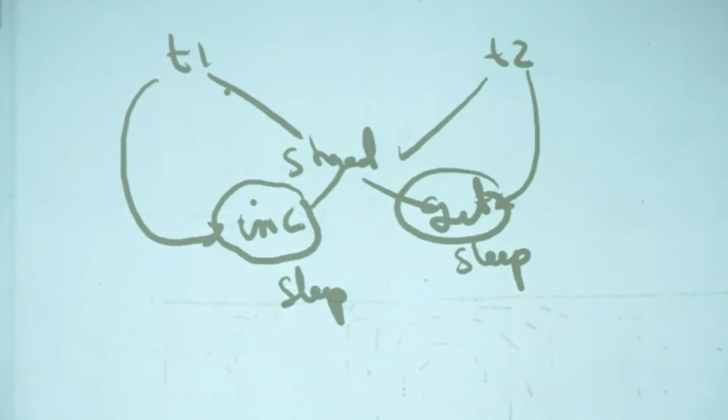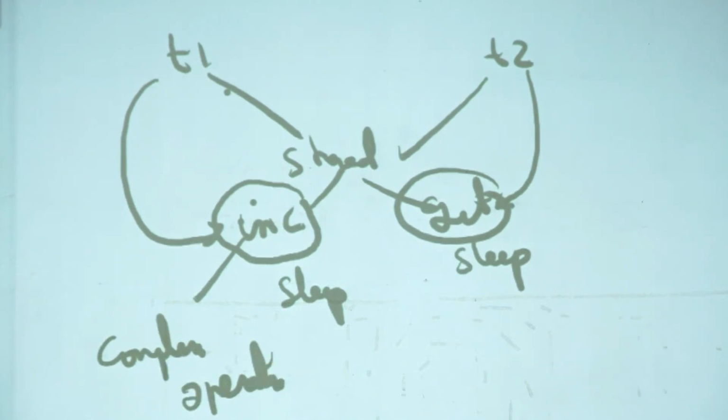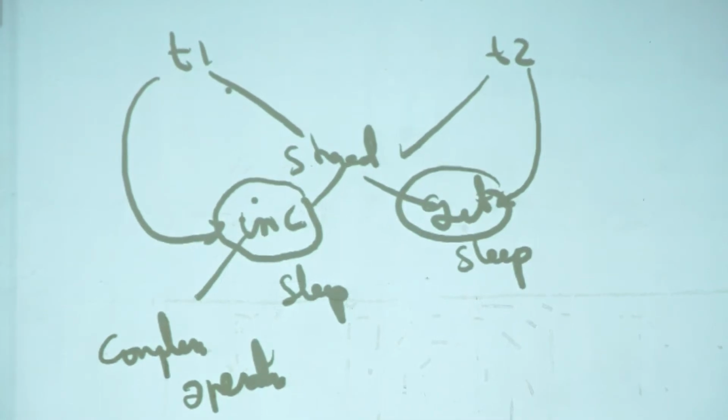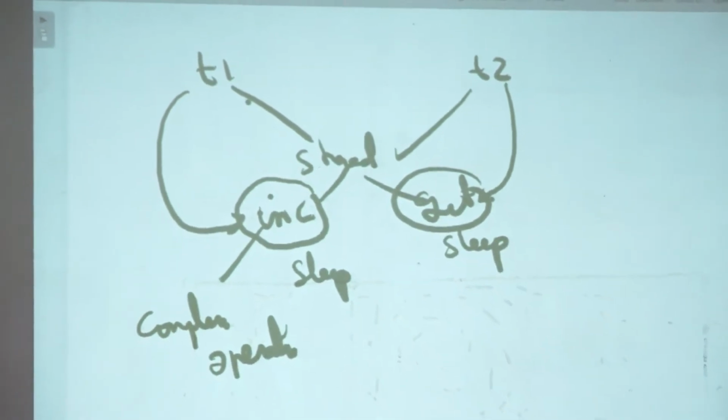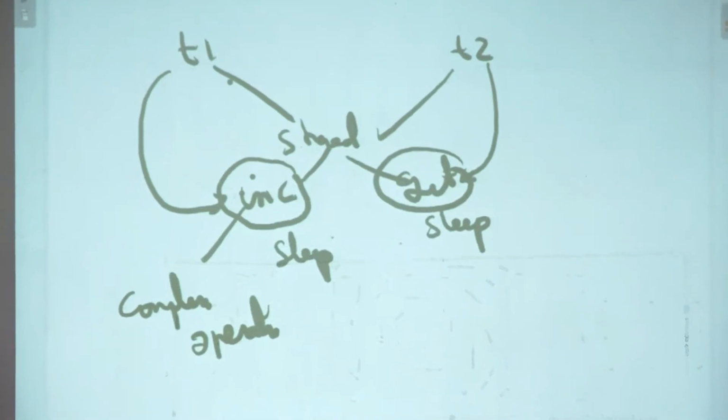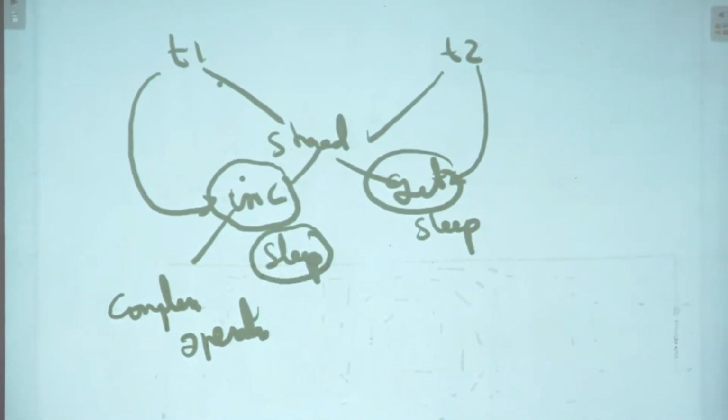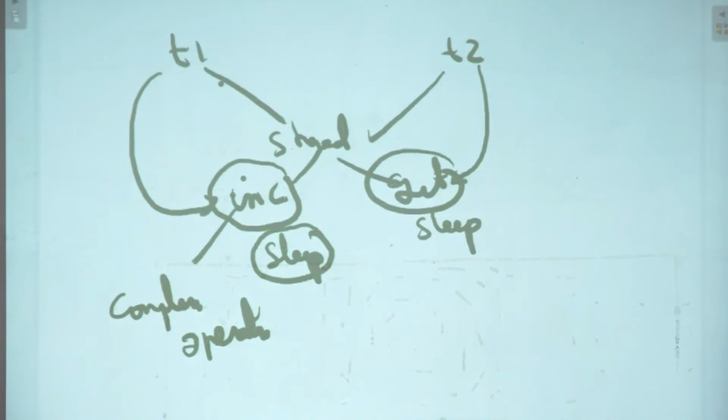But in real life, this INC may do a lot of complex operations, and while it is operating, get should not operate on the same shared object. That is what I tried to show by creating a sleep, to show that INC is doing a lot of work.